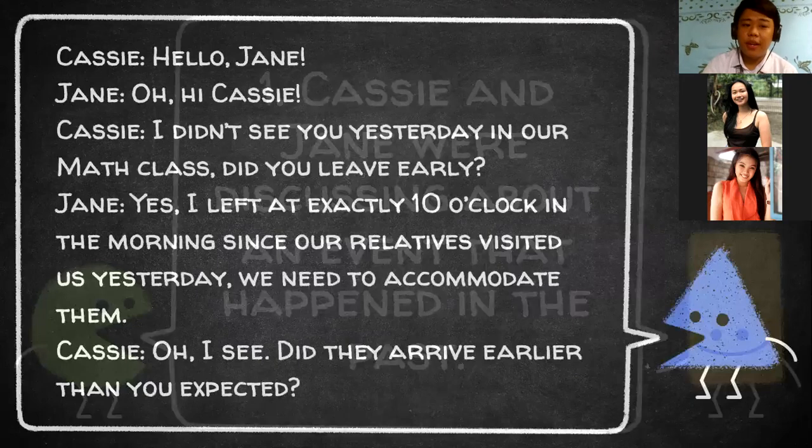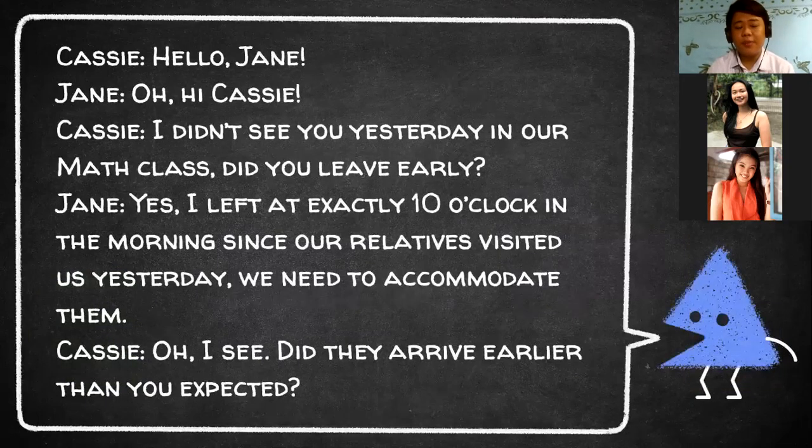I will present the first part of their conversation, and from this part we can already distinguish whether what they are talking about is already done or not. The word yesterday is the indication that what they are talking about has already happened.